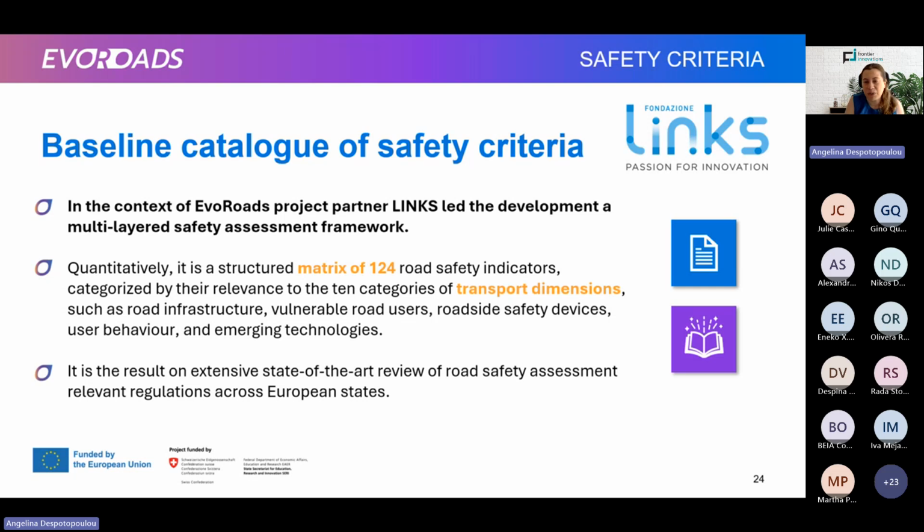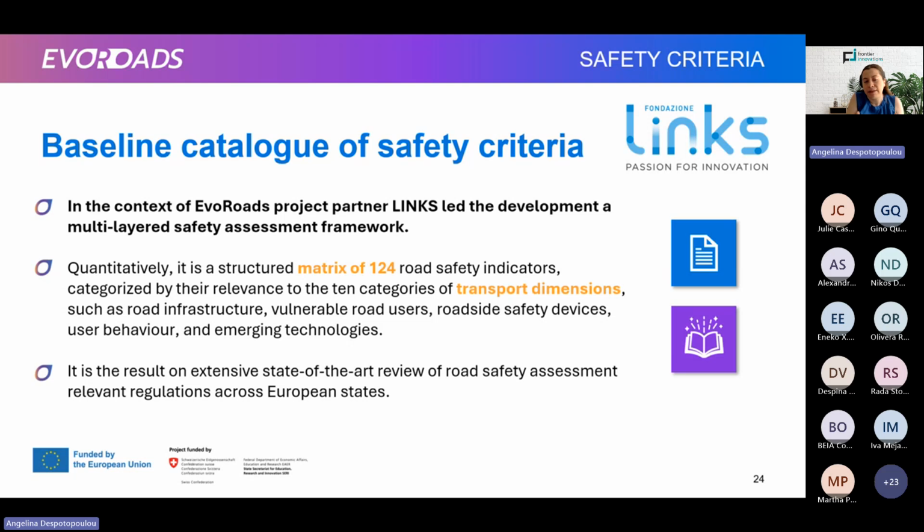A team of our colleagues from Fondazione Links has worked very, very hard analyzing legislation across countries of the European Union to collect a very big table of the safety criteria that matter, to put it simply, the criteria that you can use on a system, on a technology, to quantify and measure the before and the after, to make comparisons, to understand what is important to bring actual value to your developments, your approaches and your projects.